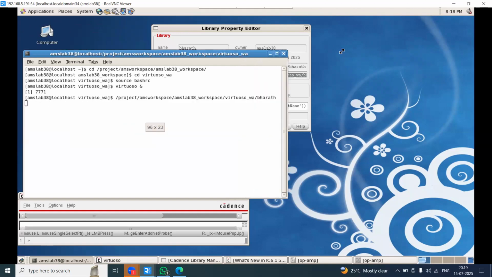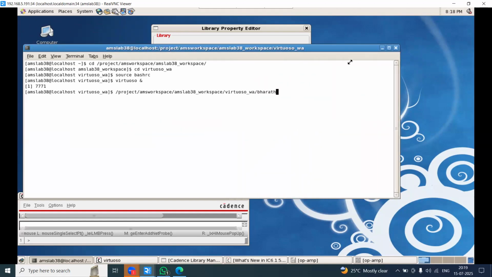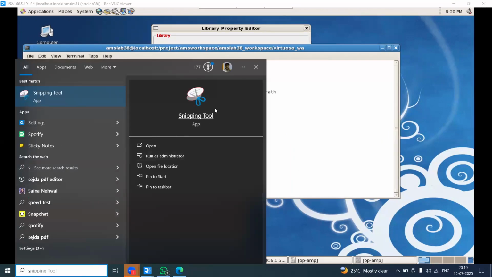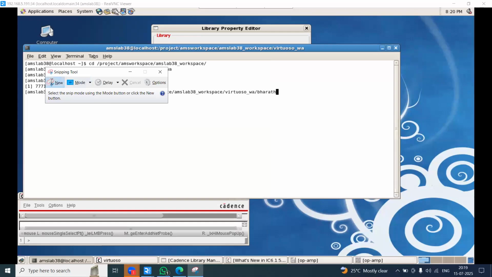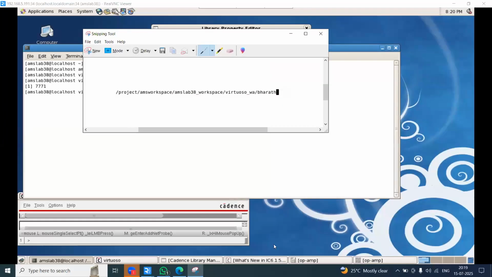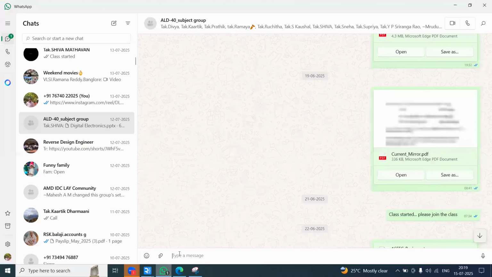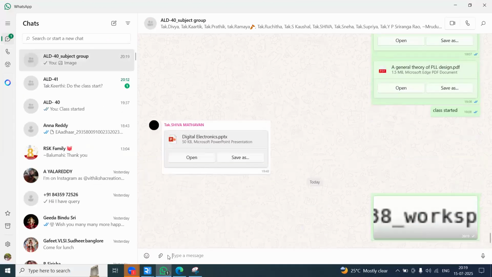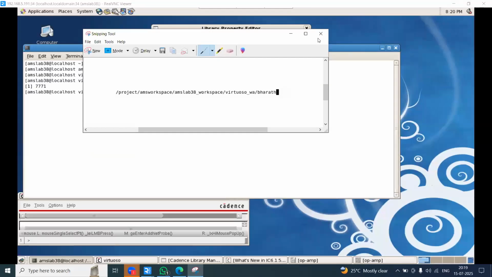What I will do, I will take a screenshot and share. That will also work. One minute. I have pasted that one. Please check it and type it from your end.